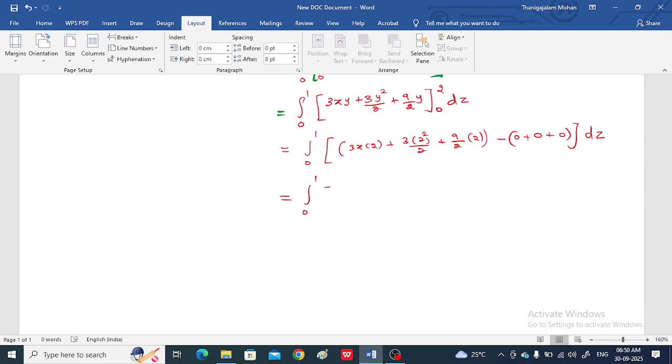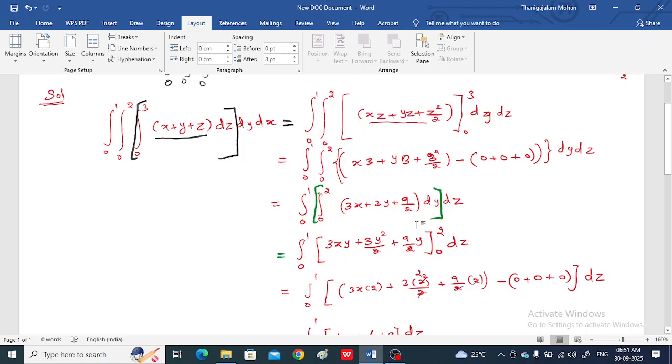Simplify the above: 3x into 2 will be 6x, plus 3 into 4 by 2 which is 6, plus 9.